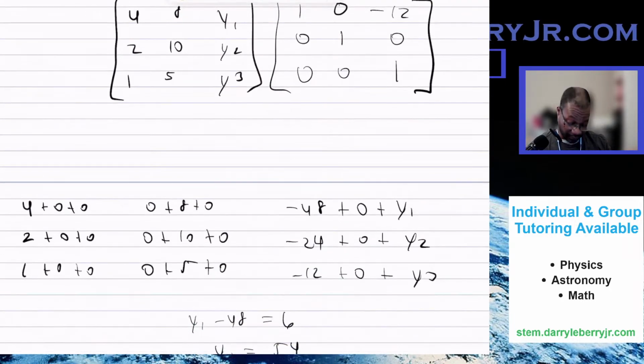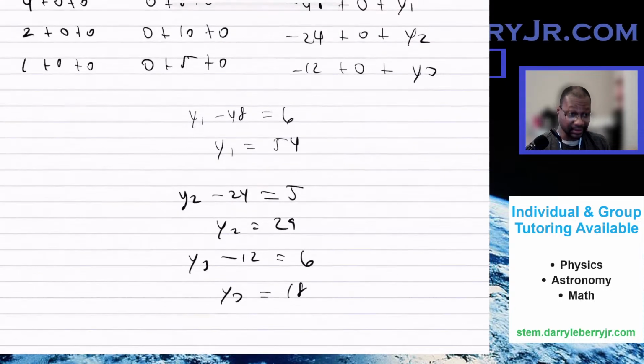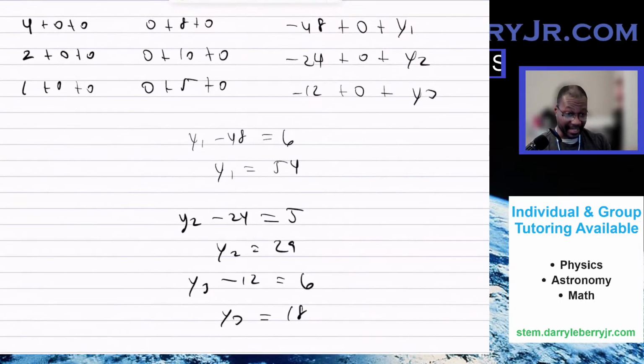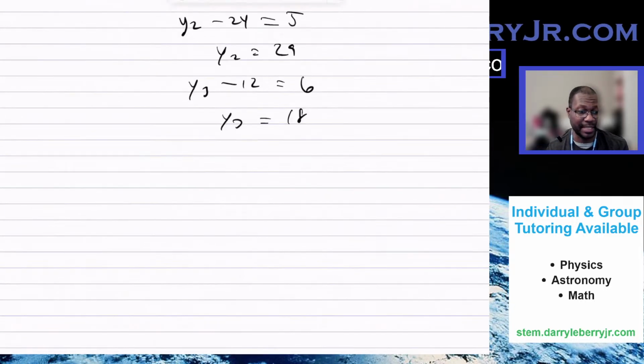So my A is 4854, 21029, 1518, and then my B is 10 negative 12, 0100001. So of course, if we completed the row operation, then I could have just had the identity matrix, but that would make it too easy.